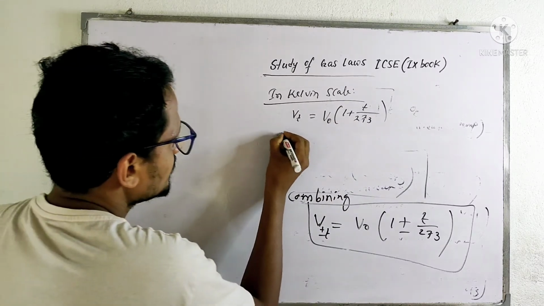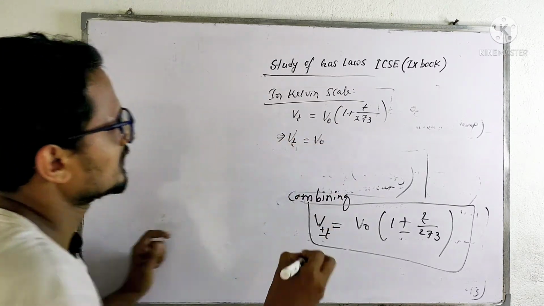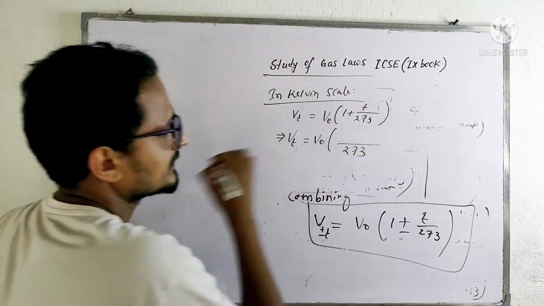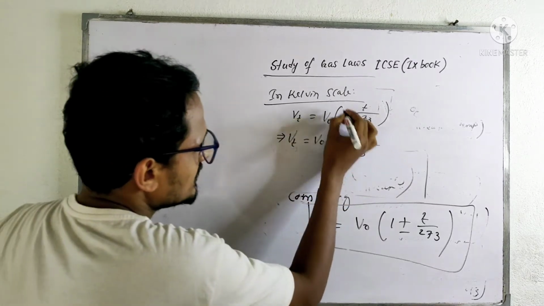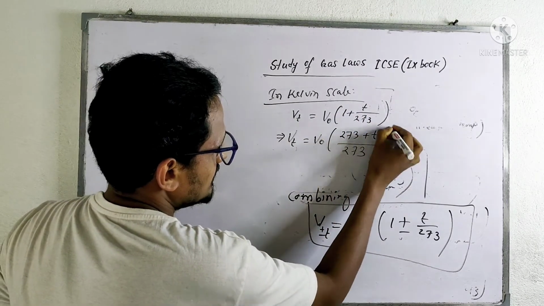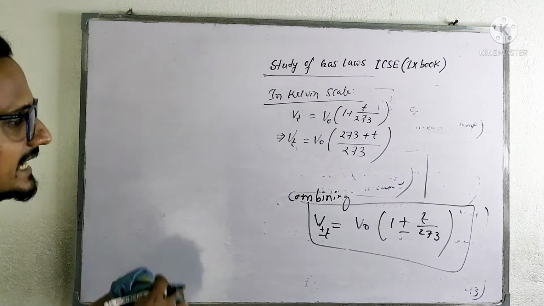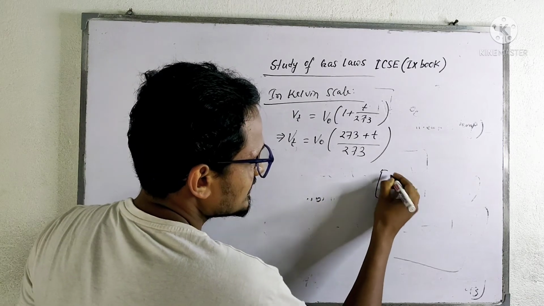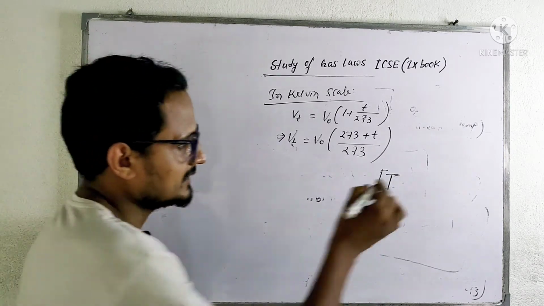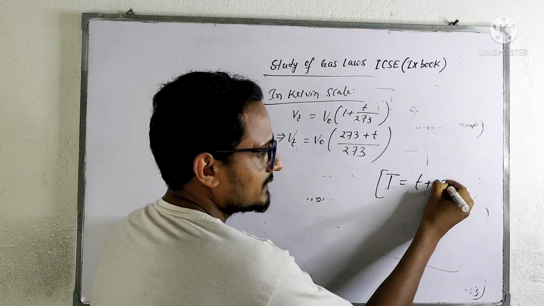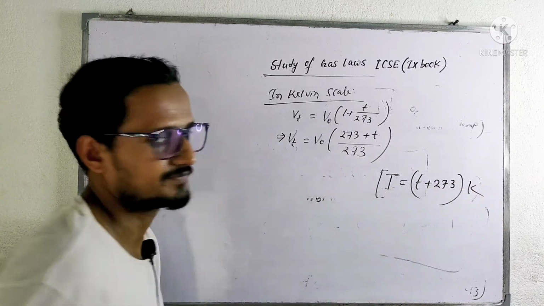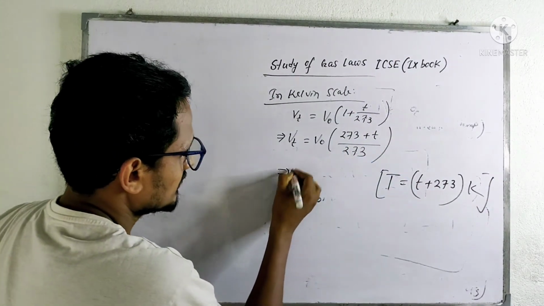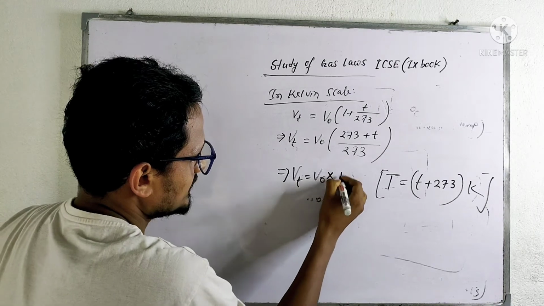Now what can we do? Just take the LCM of 273, so 273 into 1, that means 273 plus T. Now we know that the Kelvin scale is related to the Celsius scale by this formula: the temperature in Kelvin scale is capital T, and in Celsius scale small t plus 273. This is the relation. Now instead of this 273 plus small t, we can write capital T.